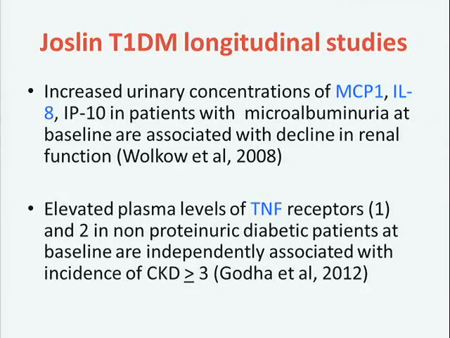The second study was published by Goda in 2012 and showed that elevated plasma levels, not of total TNF as we looked at, but TNF receptors 1 and particularly 2, in patients who were non-proteinuric and had a normal GFR at baseline, were independently associated with the incidence of chronic kidney disease stage 3 or greater.